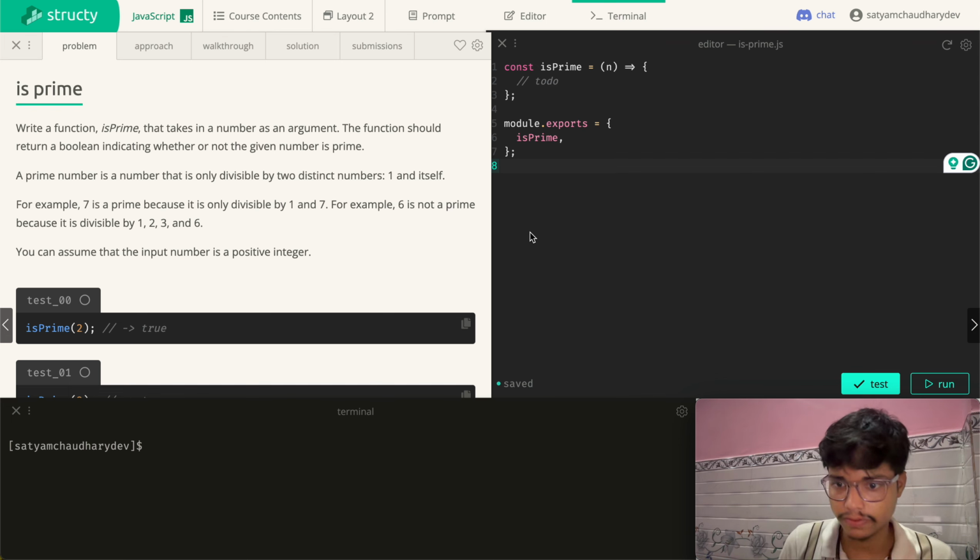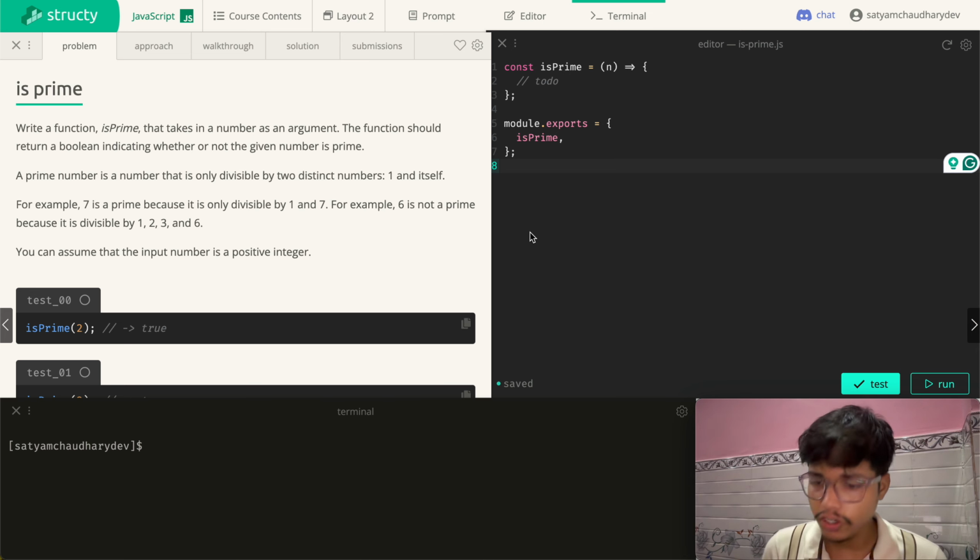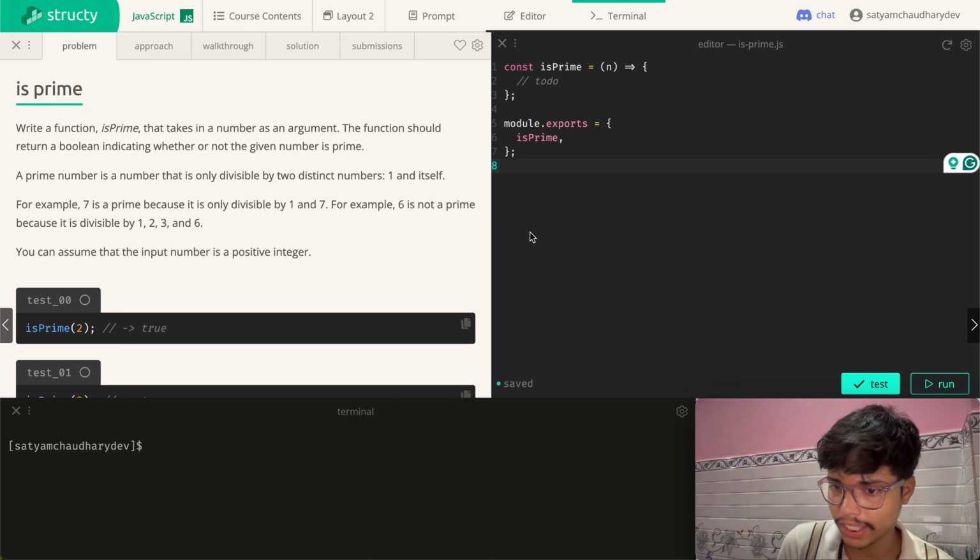So we know what a prime number is. With that, we need to find a number which can divide the given number. If any number is divisible, that means it is not a prime number. We know this from our definition.